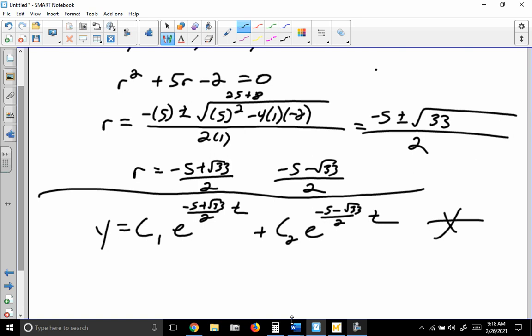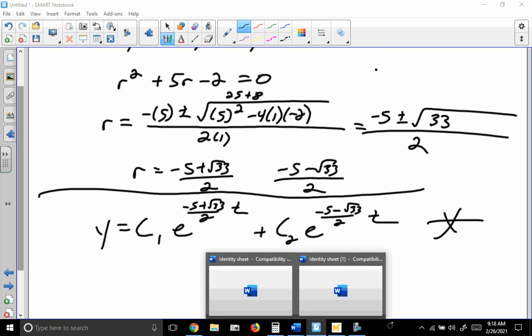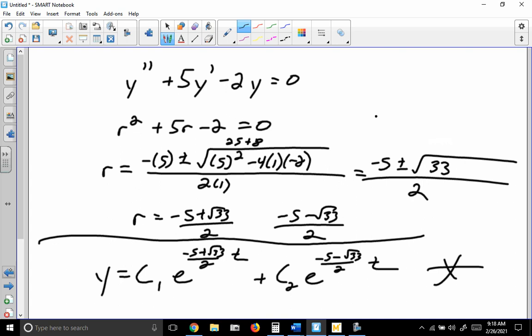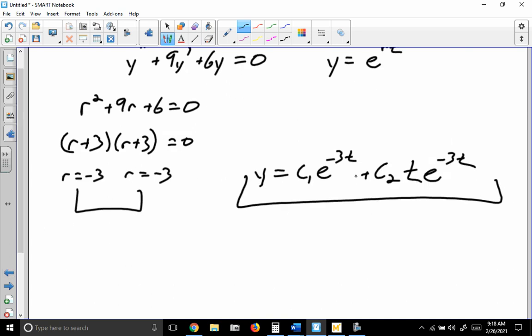So that's our general solution to our homogeneous differential equation. We don't get to solutions that have complex r values until the next section. In this section, all of these are going to have real valued solutions to our characteristic equation. It's just going to be a matter of, are our solutions integers, are they rational, or do they have square roots making them irrational? And remember, if they're repeated, we write it twice, but in front of one of them, we pick up our independent variable.